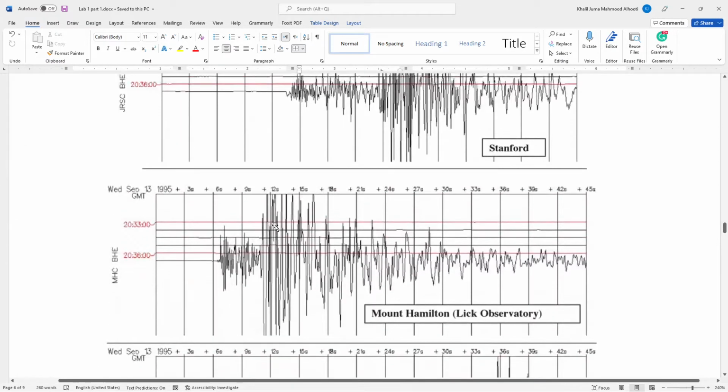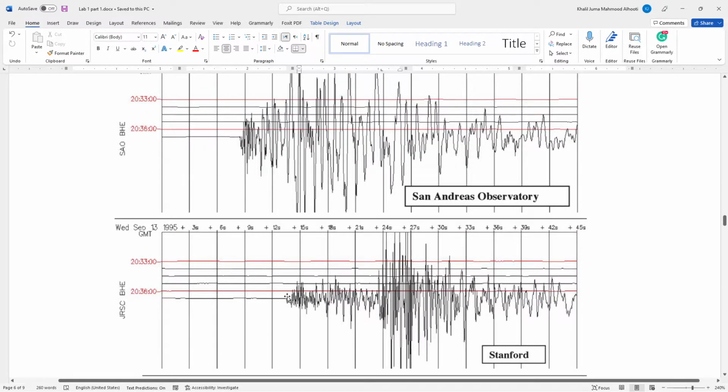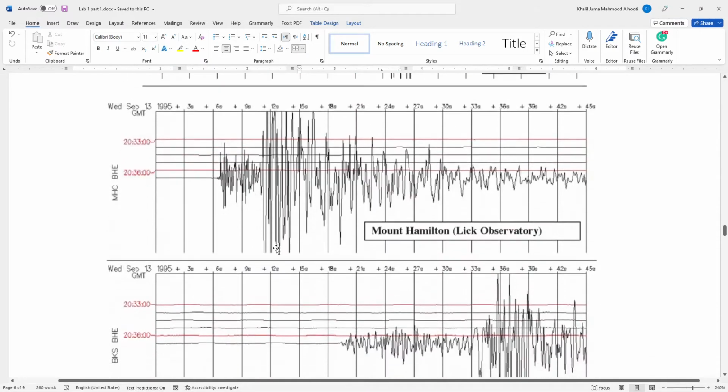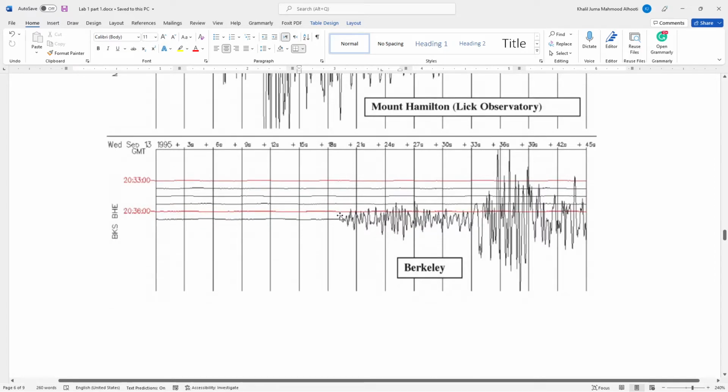Do the same for the remaining seismograms. That's the second one. In Stanford, this is the P wave, that's the S wave. Here is the P wave for Lick Observatory, and this is the S wave. Finally, for Berkeley, this is the P wave, and here is the S wave. That's the S wave.